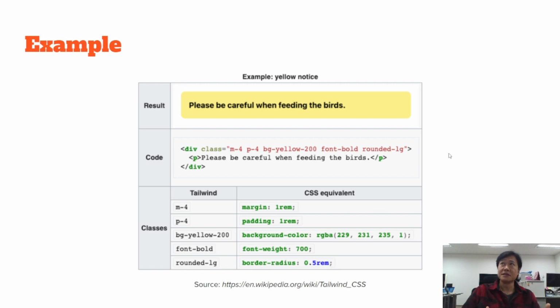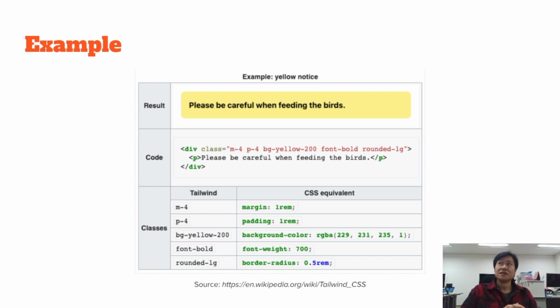The m-4 means something, the p-4 means something, the bg-yellow-200, the font-bold, the rounded-lg. And underneath it, you see the equivalents. So instead of typing in your CSS, or even inline, margin colon 1rem semicolon, m-4 becomes the shorthand version of that. Same thing with the padding, the background, the font weight, and the rounded. Between the CSS equivalent and the Tailwind, Tailwind tends to be more concise.